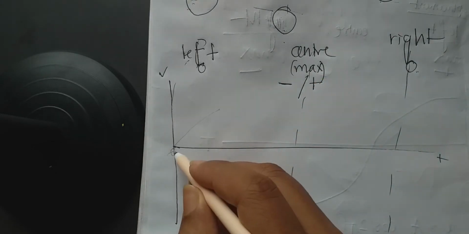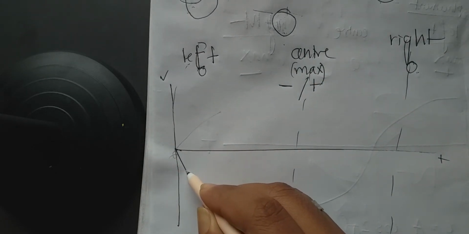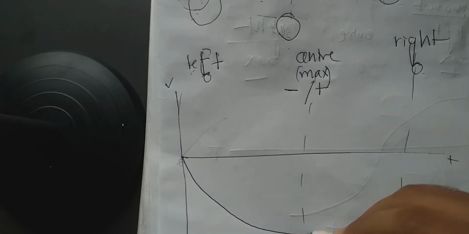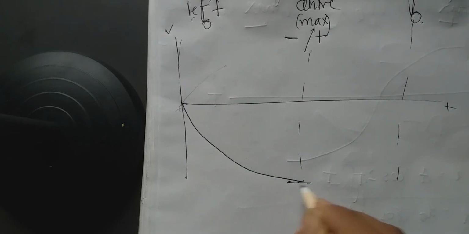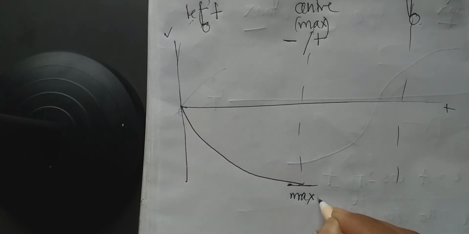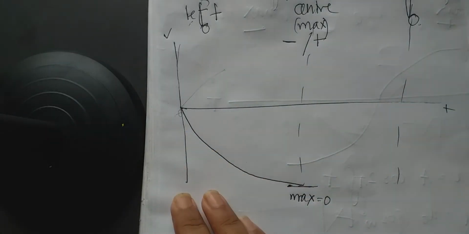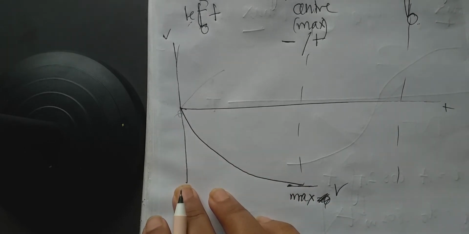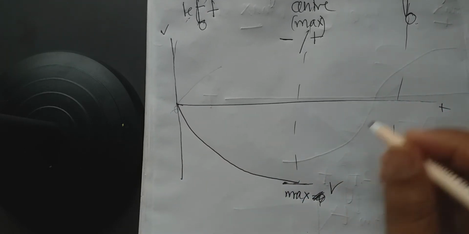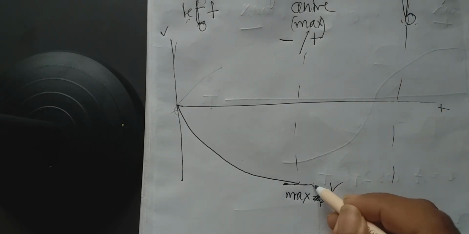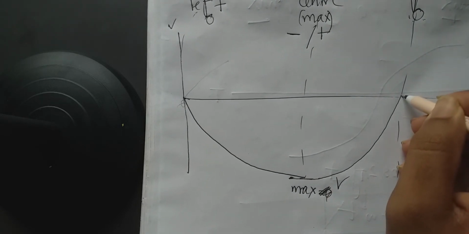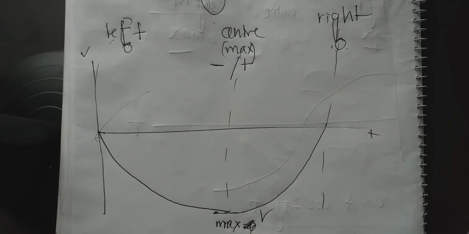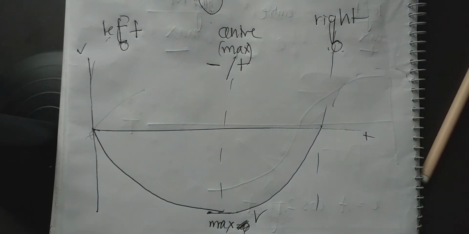We start from 0, and we go to a maximum velocity, but at the negative y-axis. It's maximum velocity, but at the negative y-axis. And again at the right, we see the velocity becomes 0 again. So the curve will go back to 0, and if it was allowed to follow, the curve would follow a sinusoidal curve.